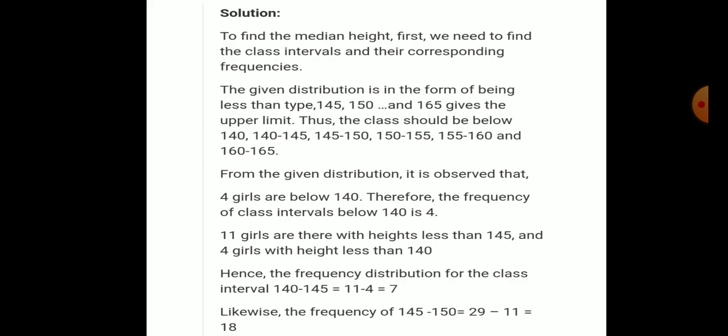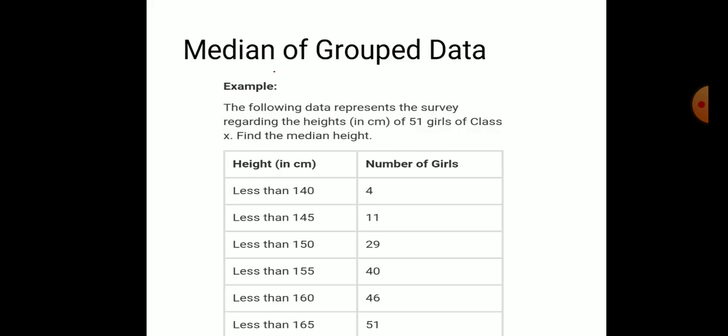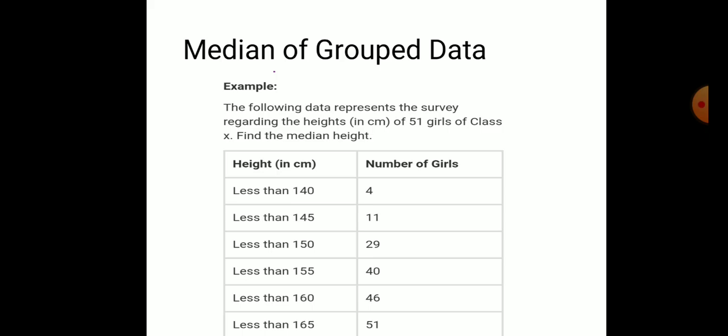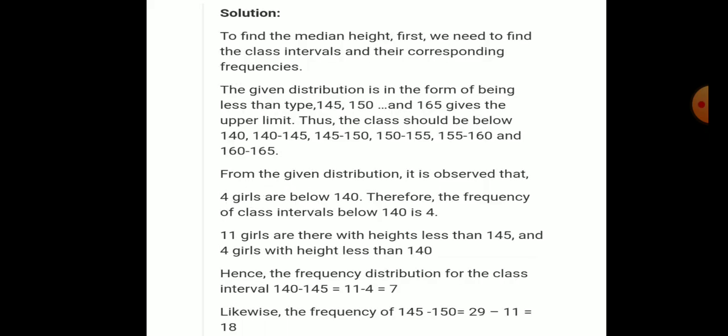From the given distribution, it is observed that 4 girls are below 140. Therefore, the frequency of the class interval below 140 is 4. 11 girls have heights less than 145 and 4 girls less than 140. Hence, the frequency for the class interval 140 to 145 is 11 minus 4, which is equals to 7.